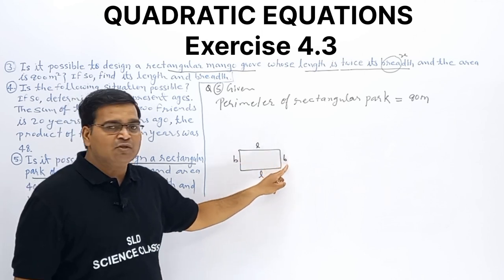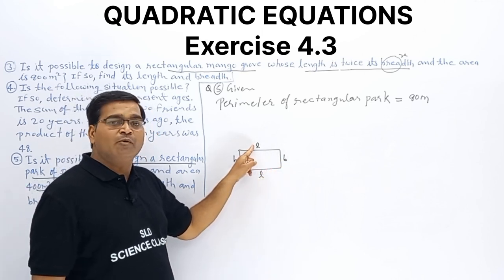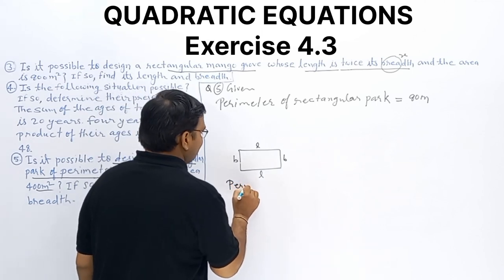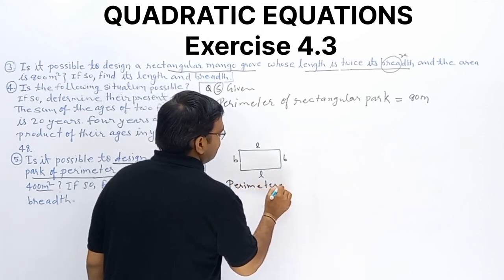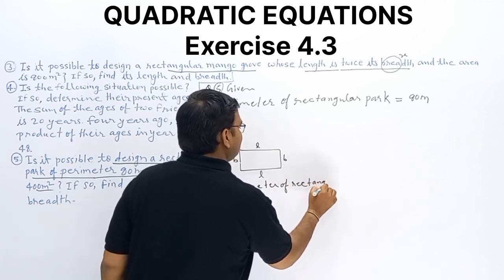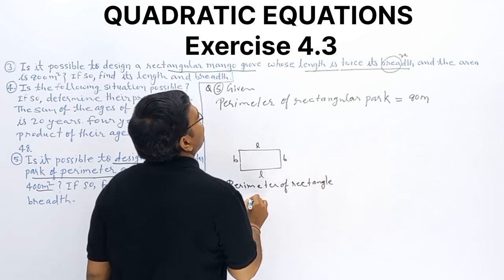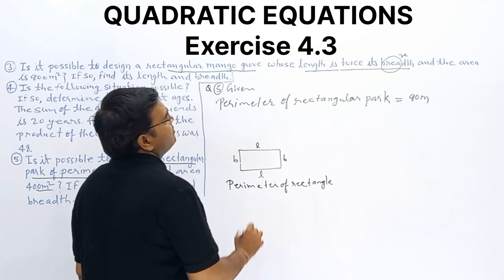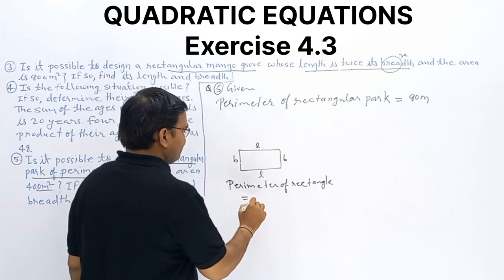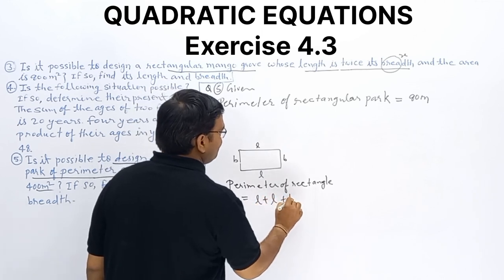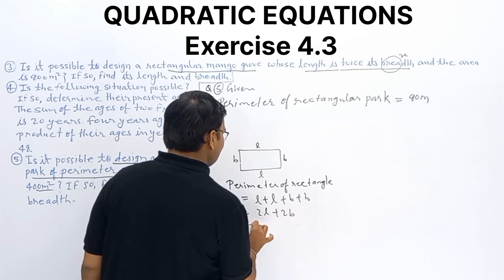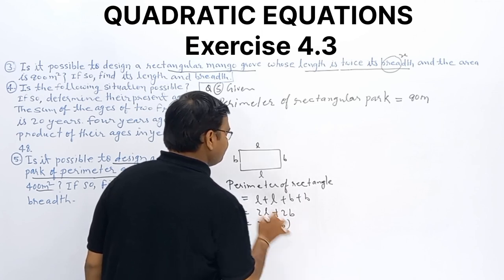This is B, so this is also B. This is L and this will be L. So perimeter of rectangle will be sum of all sides: L plus B plus L plus B. It means 2L plus 2B. We can say 2 times of L plus B.